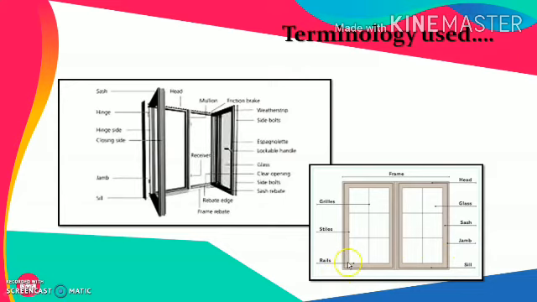In case of shutter, it consists of the stiles, rails, sash, the panels, etc. The glass is denoting the panels used. Sash is a vertical member of the window shutter, while stile is the external frame forming element, while rails are the horizontal frame forming elements.